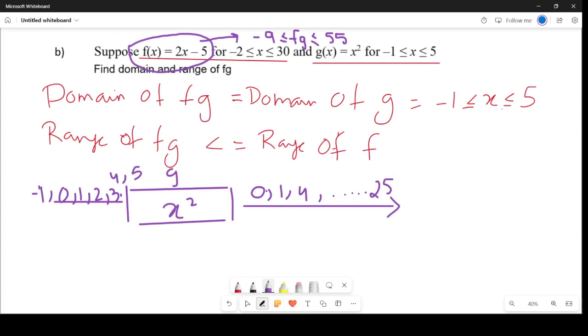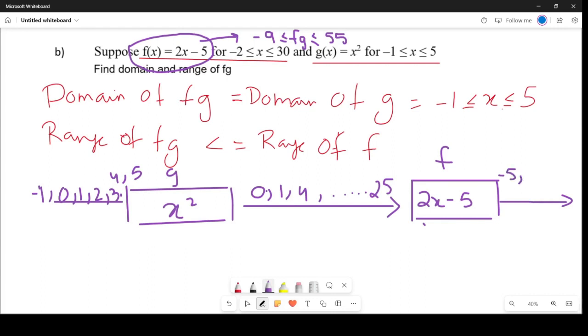Now that is going to be fed to the outer function, which is f, which is 2x minus 5. What's going to be the smallest value here? -5, when x is 0.